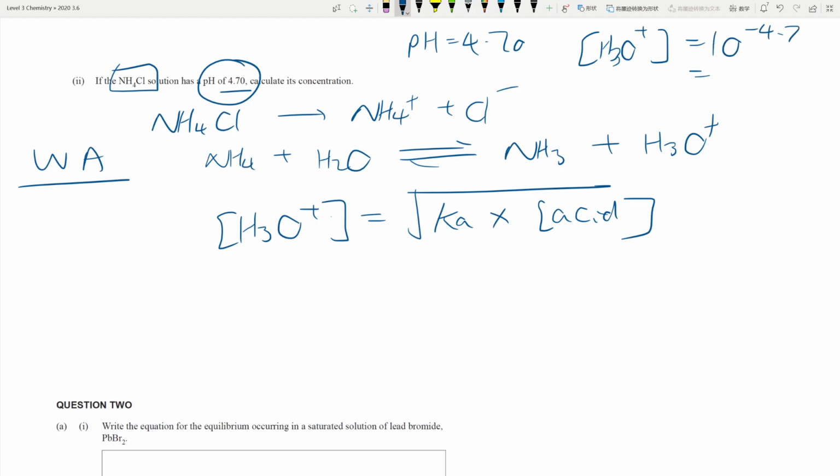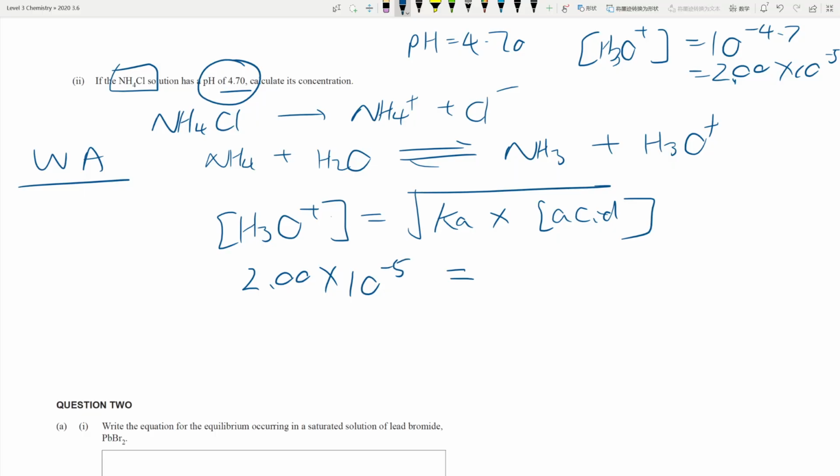So that's 10 to the power of negative 4.7, which is 1.99, so 2.00 times 10 to the power of negative 5.